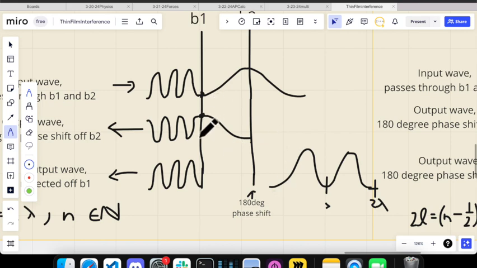So let's say we start at this trough and we want to end up at this crest, right?